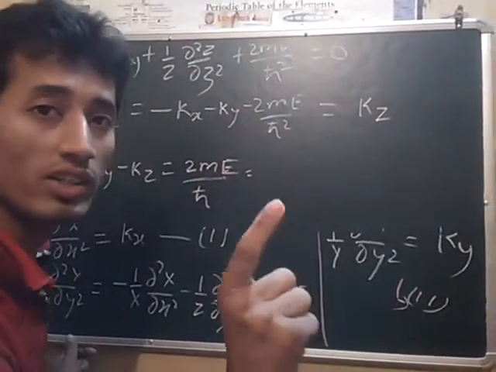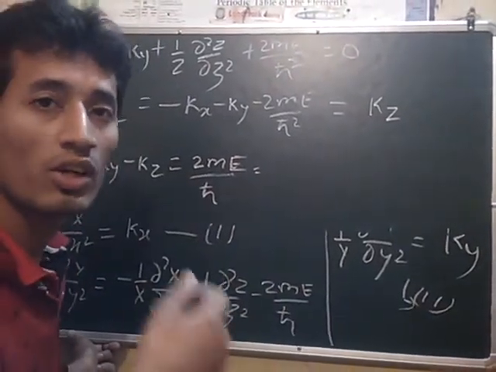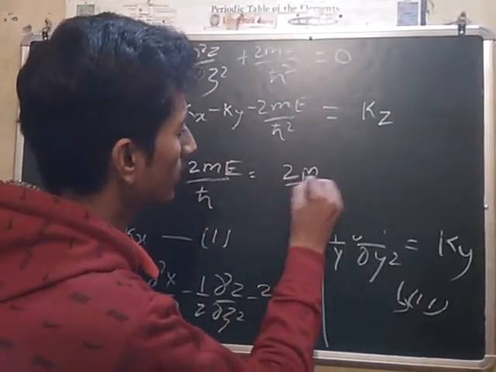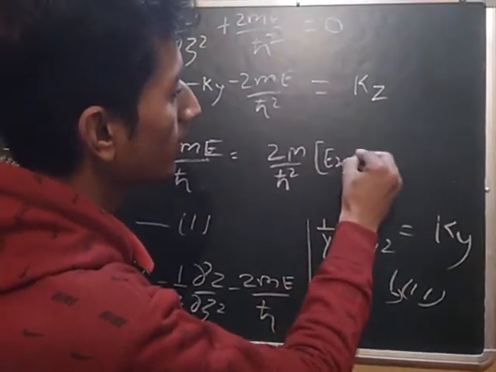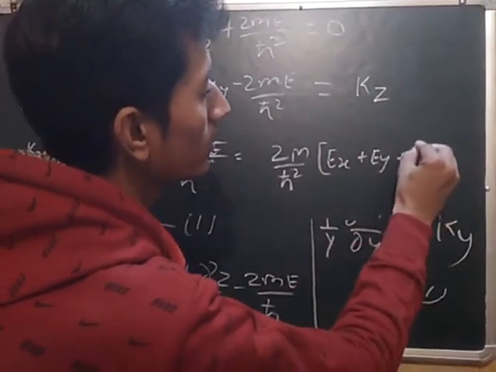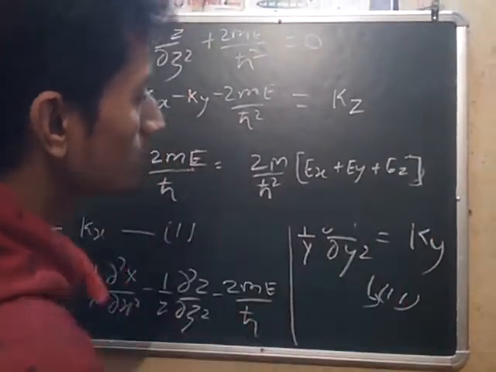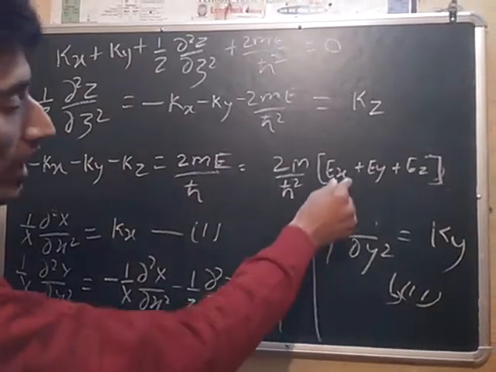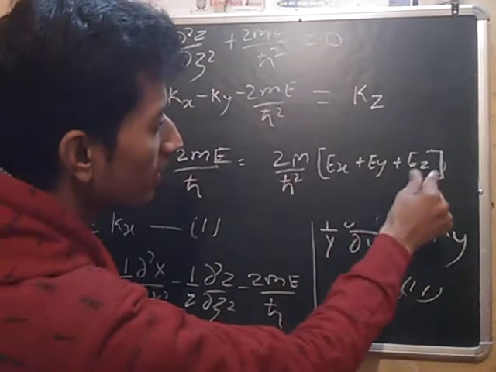Actually, it doesn't occur that energy can be broken in the component, but for our simplicity, we may use it as 2m upon h bar square into Ex plus Ey plus Ez. Actually, summation of all this energy is E. For x component, we have considered Ex, for y, Ey, for z, Ez.